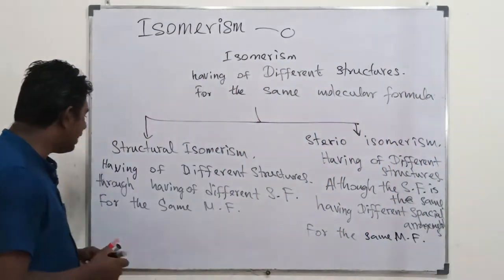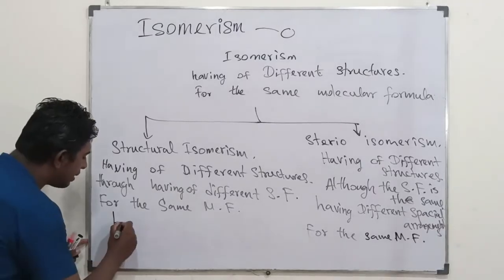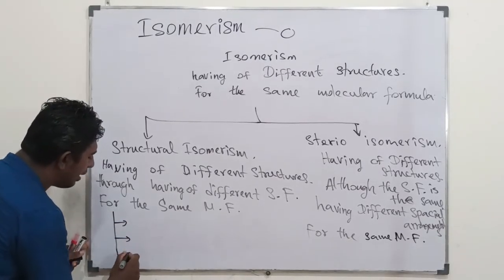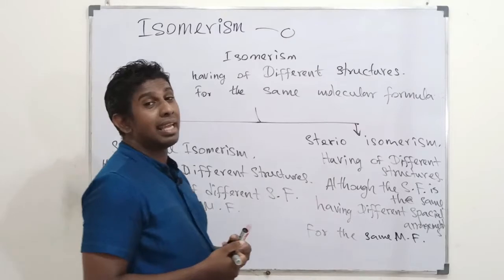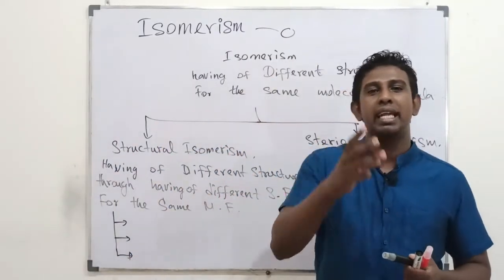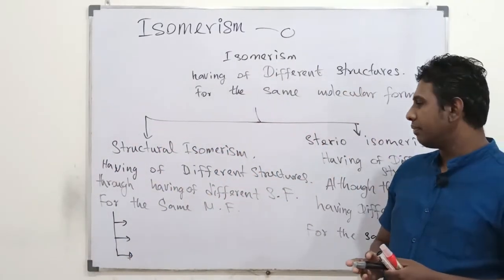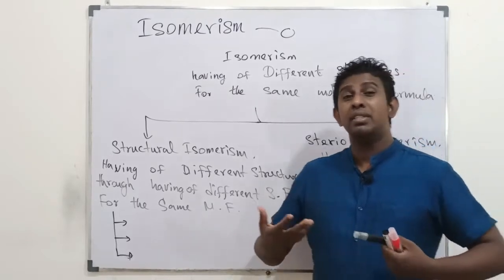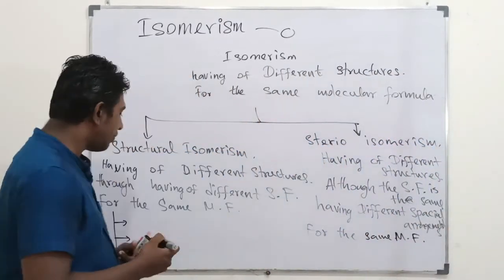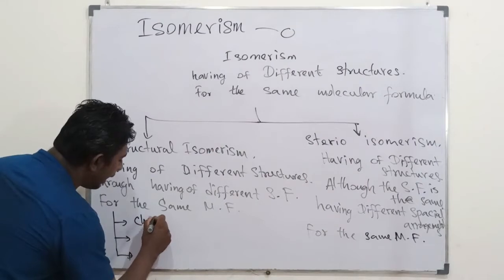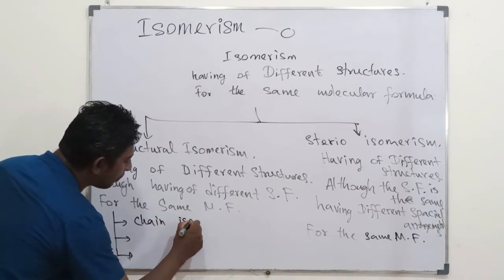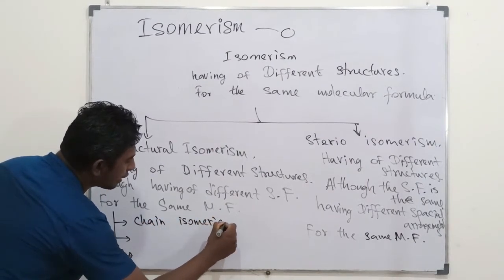If you are going to further discuss this structural isomerism, it has three types, three categories. Students, one is called chain isomerism. I will explain that.